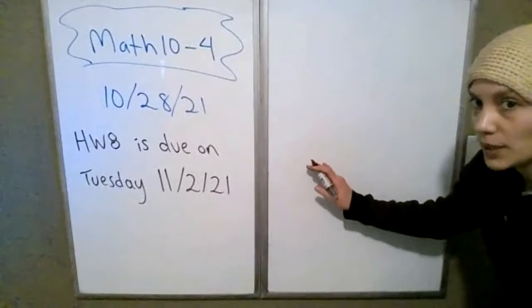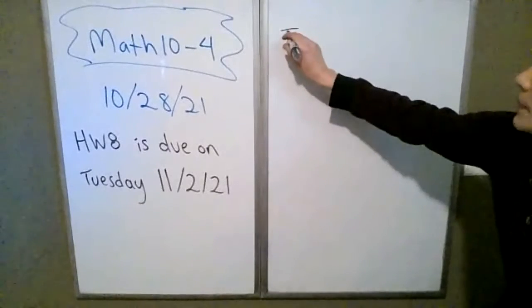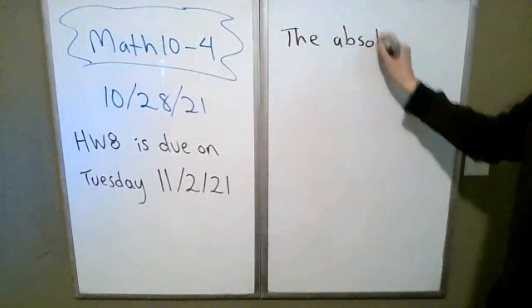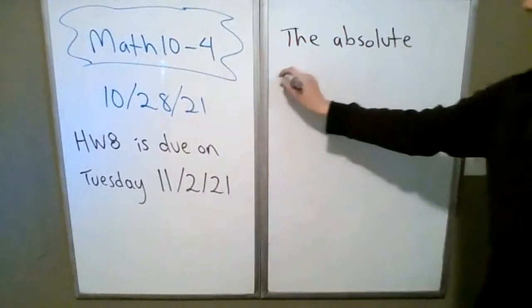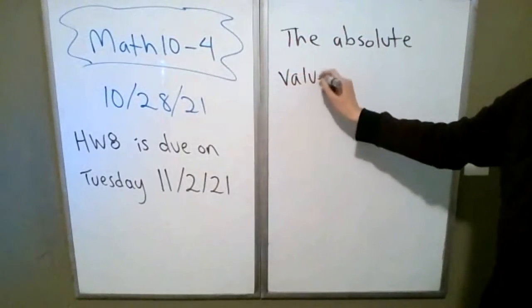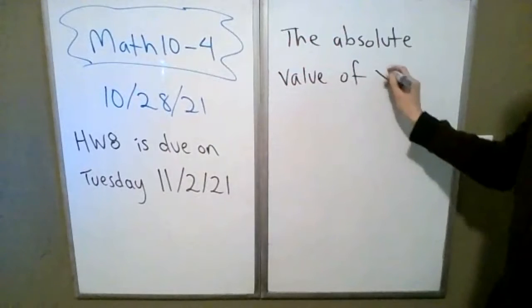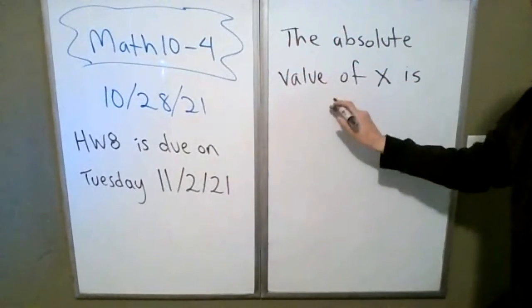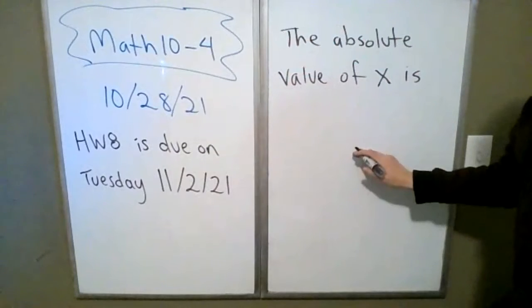The absolute value of x is denoted as absolute value bars around x.